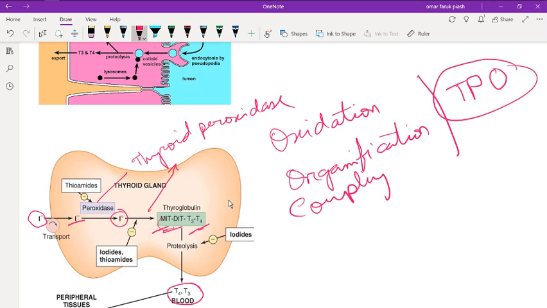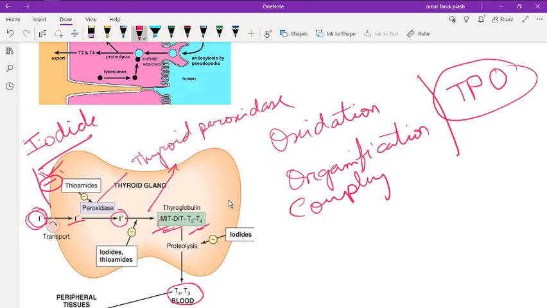Okay, then how can you block this step? This iodine is taken up by the follicular cell. If you give iodide, then this uptake will stop, and by this way you can stop this pathway, the taking up of iodine by this follicular cell.